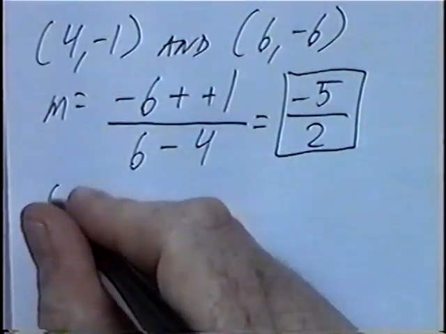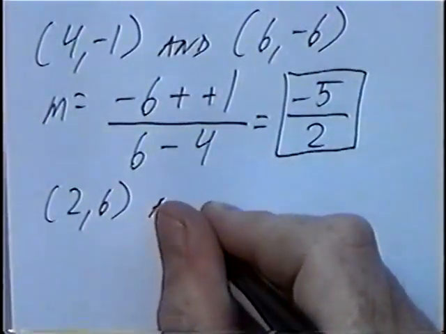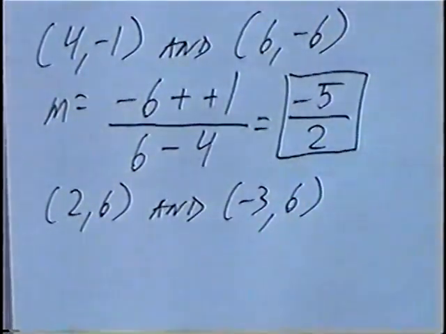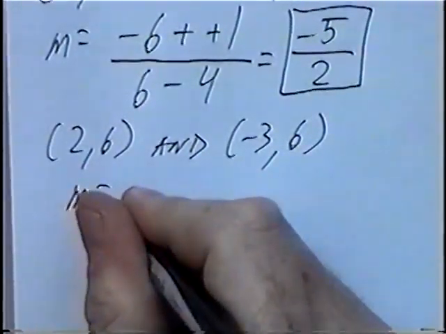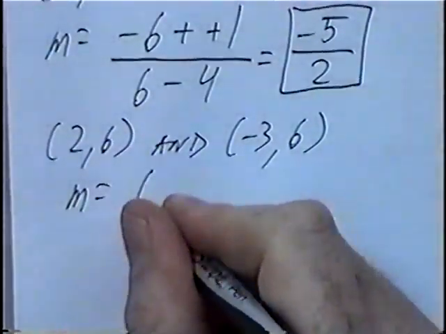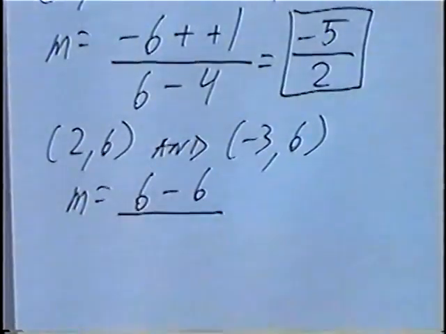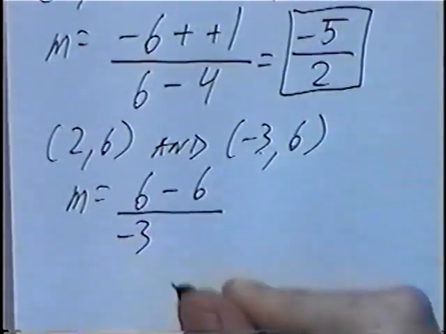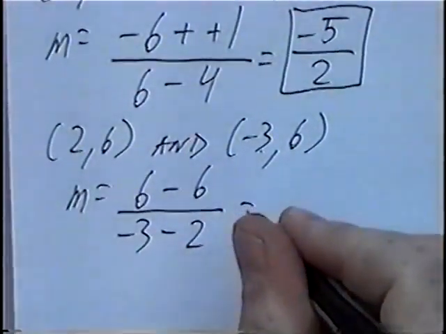Second question. First point is 2 comma 6 and negative 3 comma 6. And again, using the equation from above, the slope, m equals the second y value, which is 6, minus the first y value, which is also 6, divided by the second x value, which is negative 3, minus the first x value, which is 2.